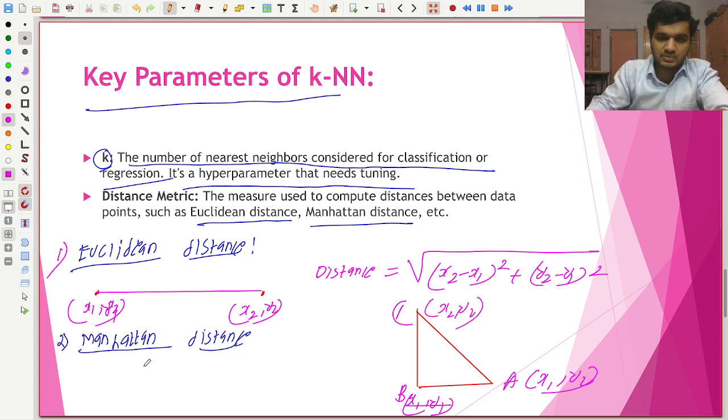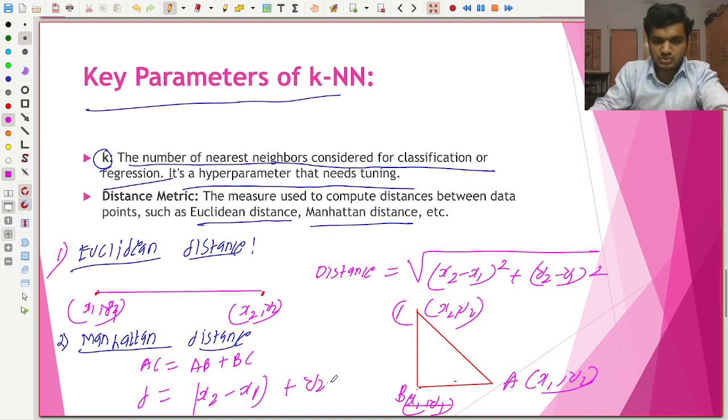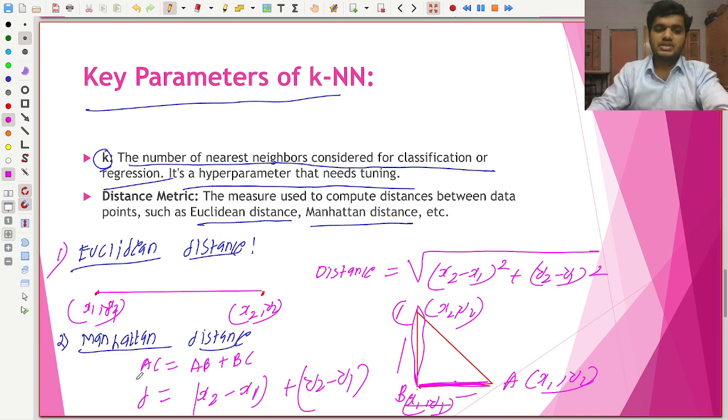Here now you calculate the distance of AC. So how will we calculate? So AB plus BC. So we calculate like this, distance x2 minus x1 plus y2 minus y1. Here you calculate the x2 minus x1 distance plus y2 minus y1 distance. So like this we will calculate the AC equal to AB plus BC.